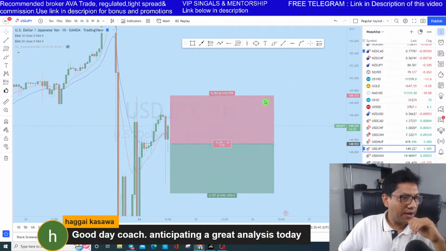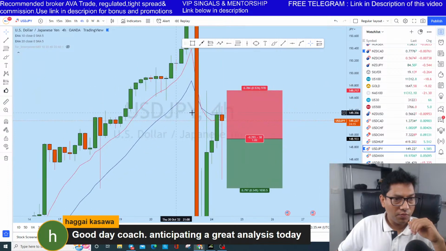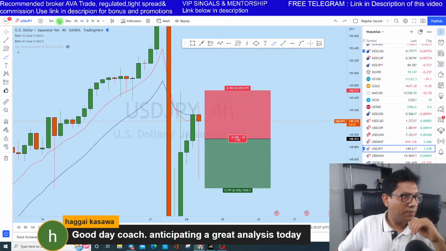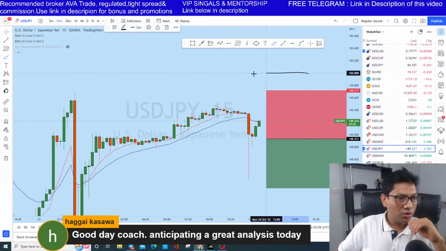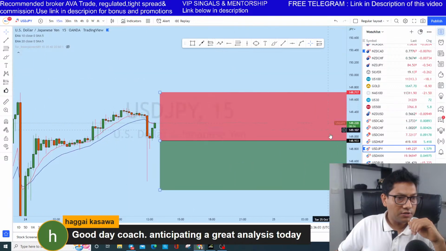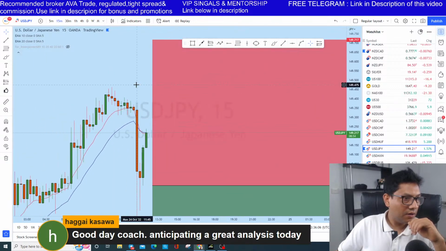What we can expect is that the price from this zone will have a rejection. I think the price is going to this resistance level, and from here we could see a movement on this instrument. Let me look at the 15 minutes chart to see how the price action is forming, and let me see how it is doing.